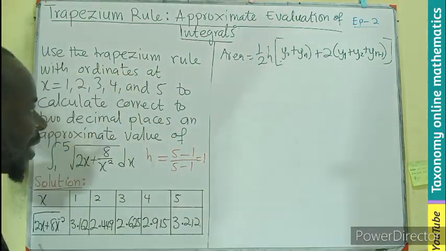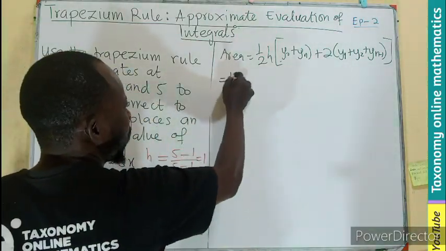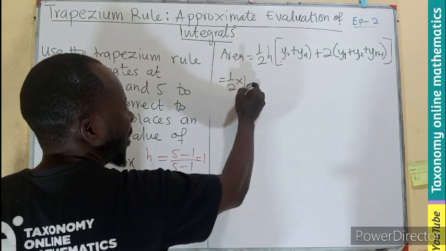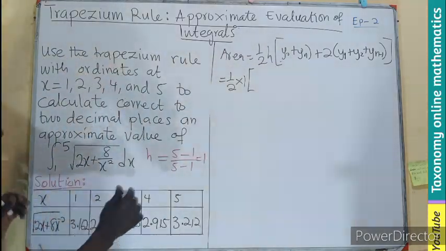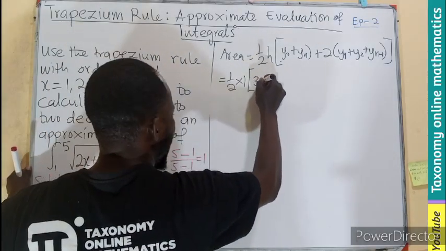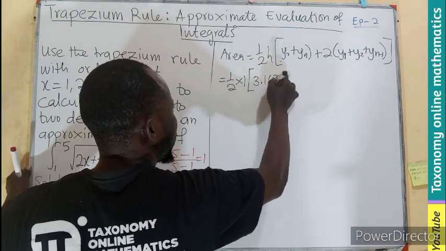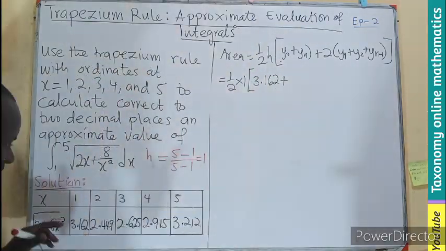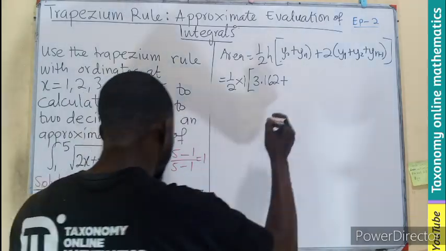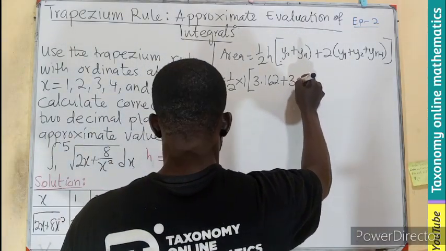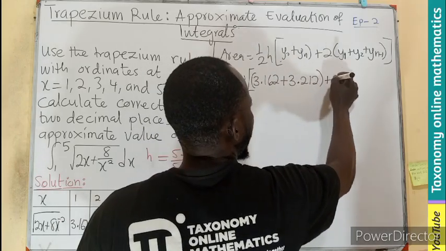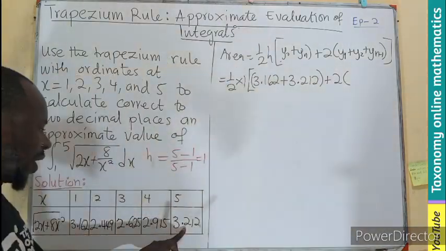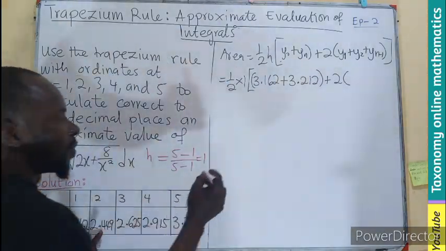So in this case, I'll be having 1/2 times 1, multiplied by the first one, 3.162, plus the last one, 3.212 in a bracket, plus twice the remaining ones. How many are they? 3 of them.